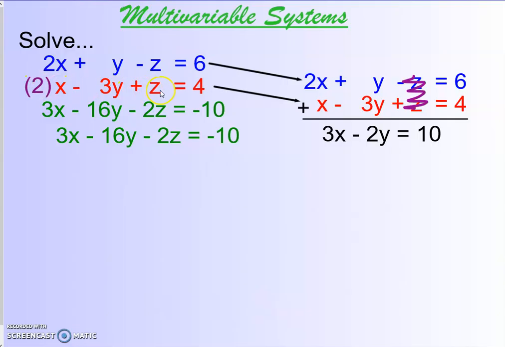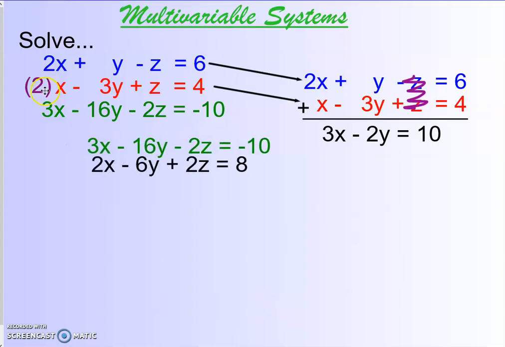So maybe I'll just multiply everything by 2. And that gives me this 2x minus 6y plus 2z equals 8. And now if I add those equations together, I get this black equation. So I have this black equation, just x's and y's, and this black equation here, just x's and y's.